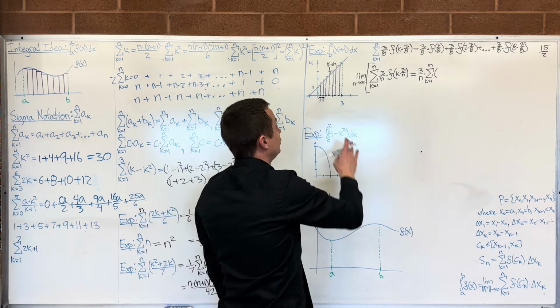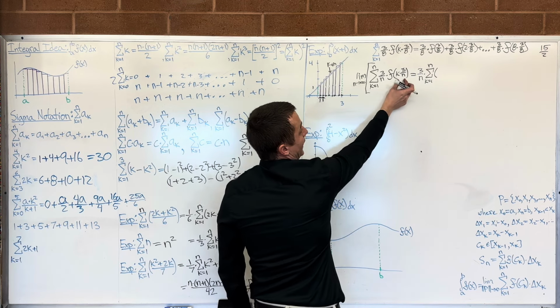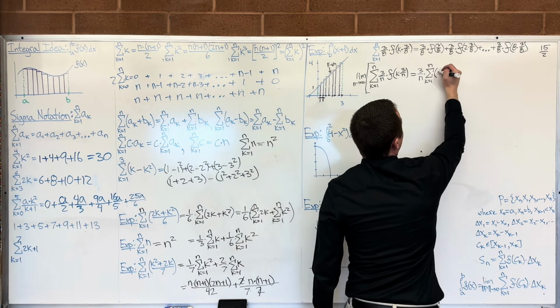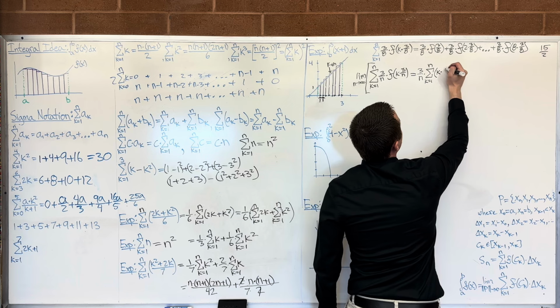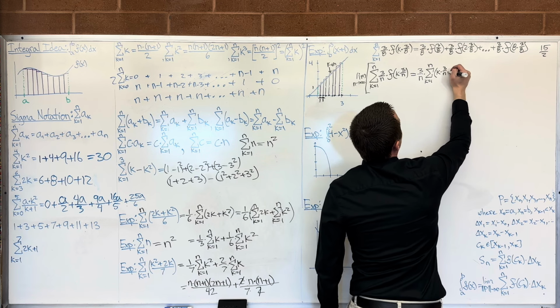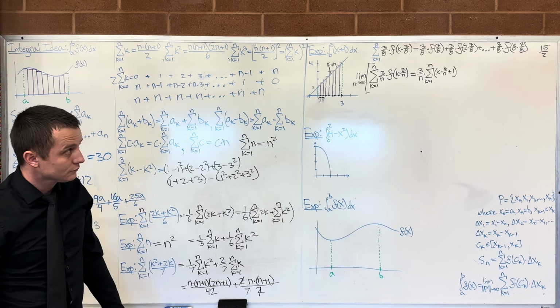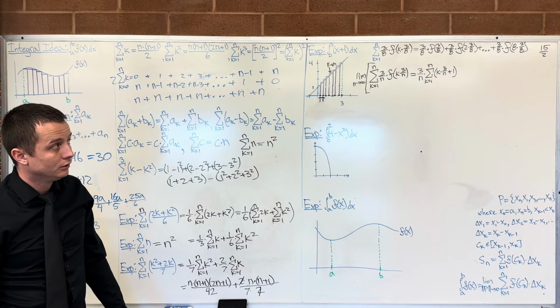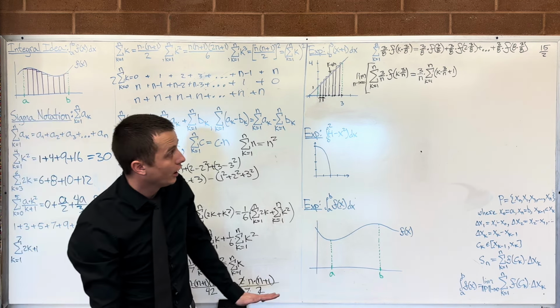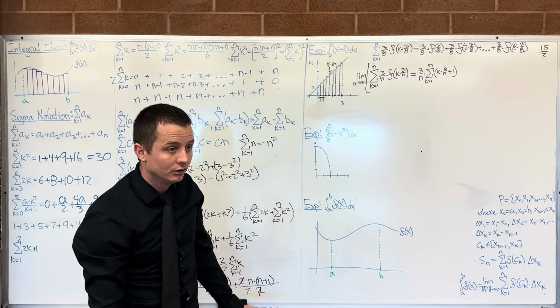Okay. So our function is x plus 1. So plug that in for x, and we get k times 3 over n plus 1. That's it. Well, so far, we've got to keep messing with this.